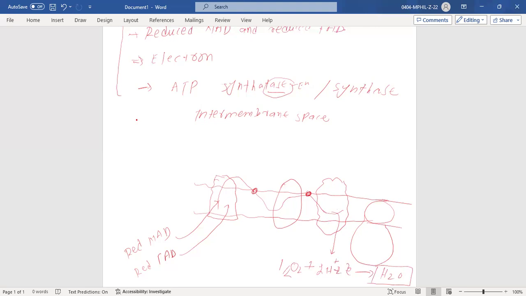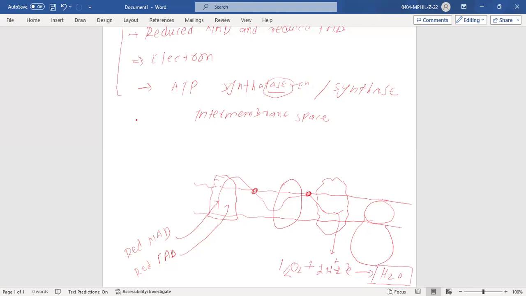The reduced NAD and FAD release electrons, which is why we call it the electron transport chain. The electrons move from one protein carrier to the other, going from a higher to a lower gradient, and they release energy. As you know, there is the excited state and the ground state.